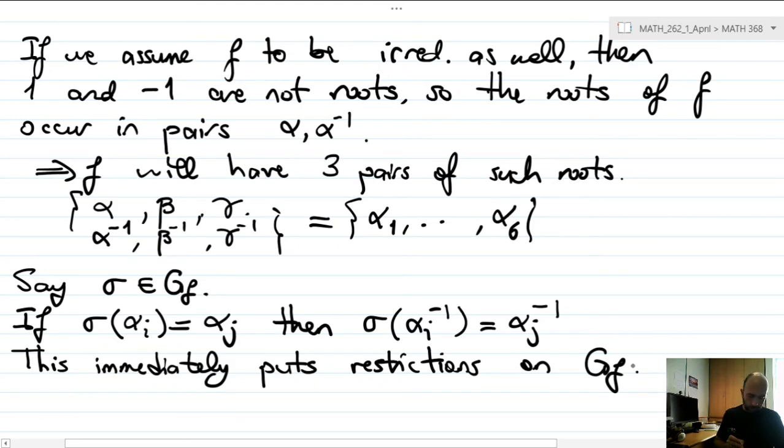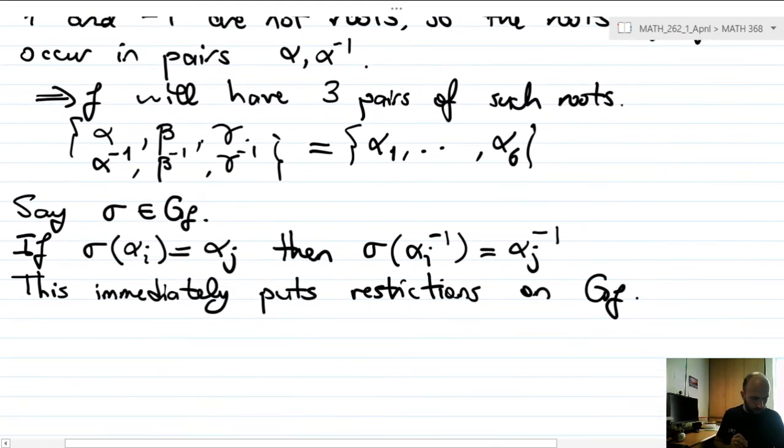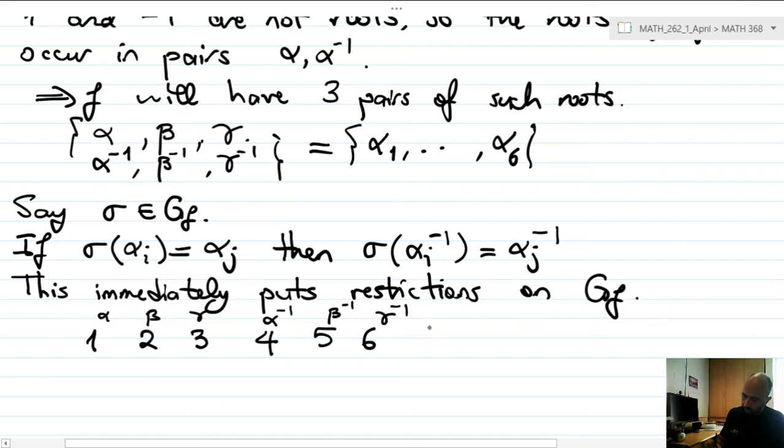Why? For instance, its order. Let's see. Suppose alpha, beta, and gamma here are 1, 2, 3. So let's try to write a permutation 1, 2, 3, 4, 5, 6. Without loss of generality, let's say these are alpha, beta, gamma, and then these are alpha inverse, beta inverse, and gamma inverse.